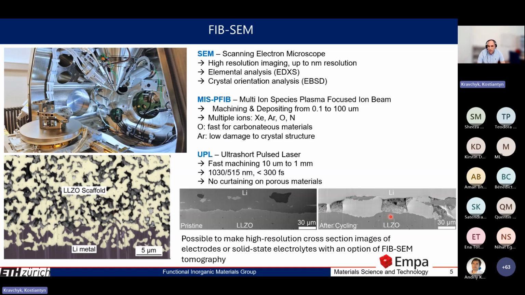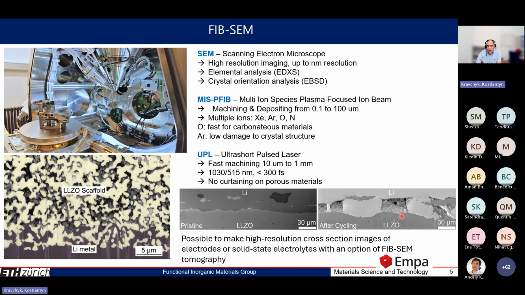On the right side, actually, you have two cross-sectional images after focused ion beam milling, which were taken for the same samples which were as assembled and after cycling.